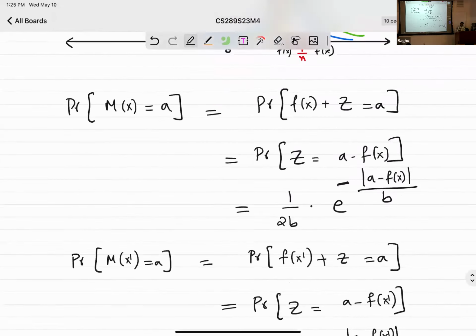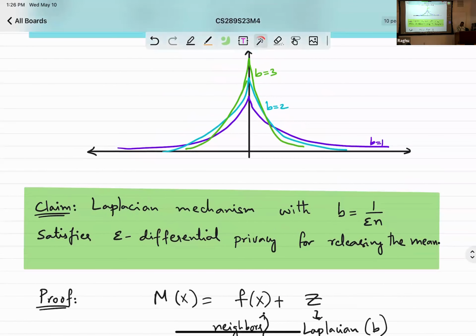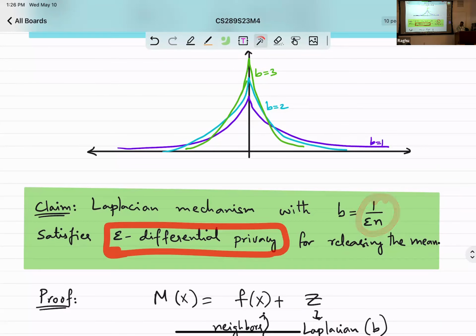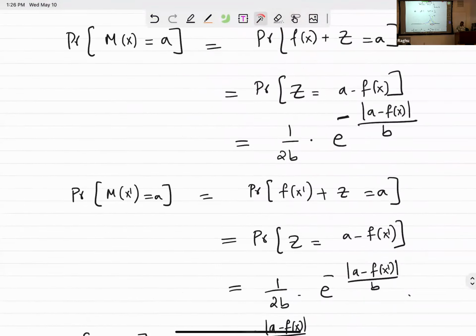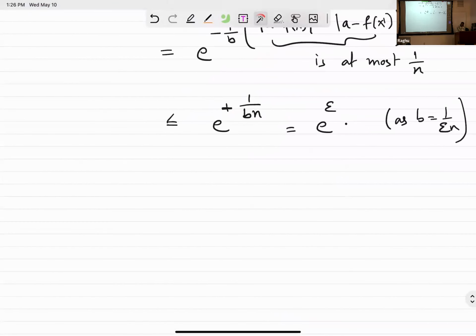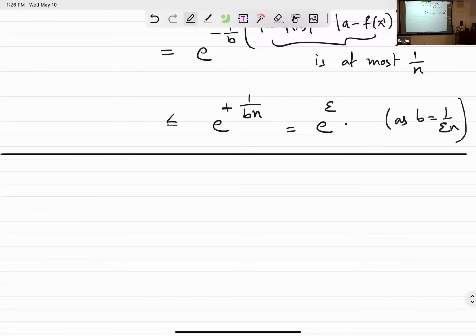So definitely, if I do the Laplacian mechanism where the scale is 1/epsilon n, I do get epsilon differential privacy. So we figured out one side of the equation: you add this noise, you get privacy. But we also have to compare what it does to our accuracy.